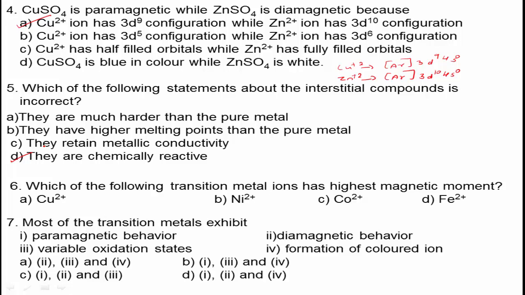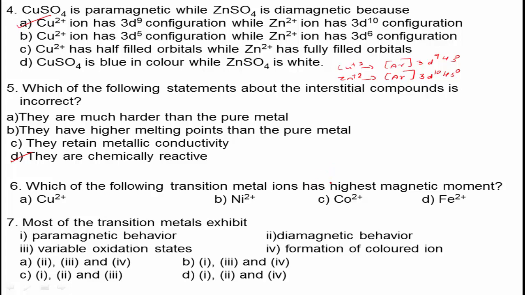We know magnetic moment depends upon the number of unpaired electrons. Fe2+ has 4 unpaired electrons, and Co2+, Ni2+ and Cu2+ have 3, 2, 1.